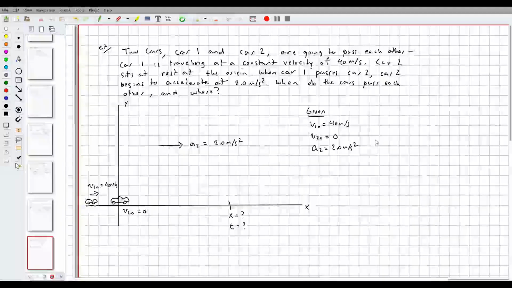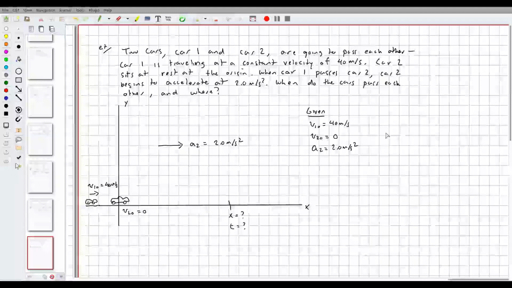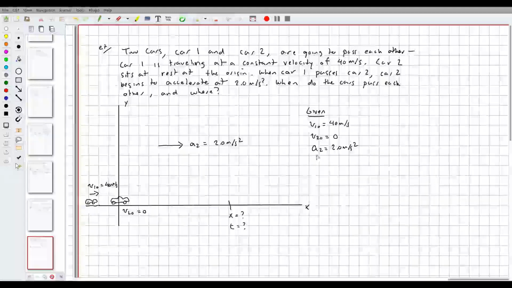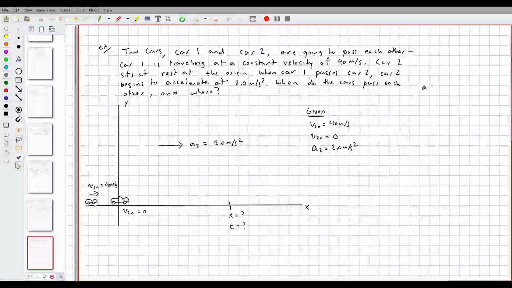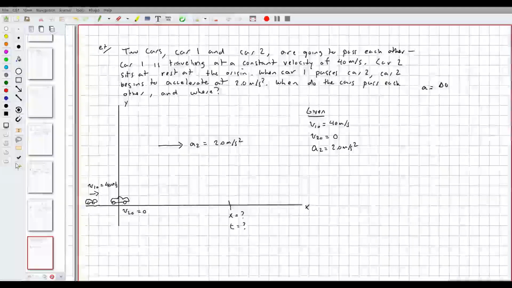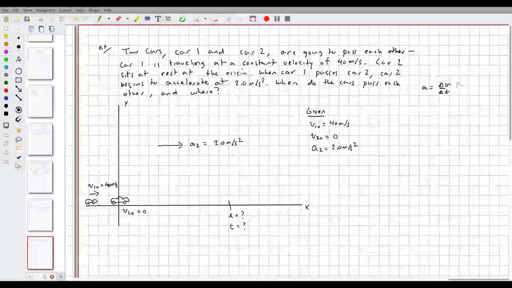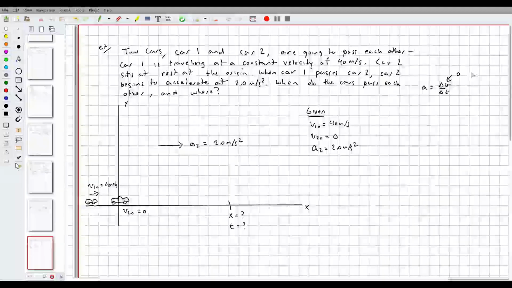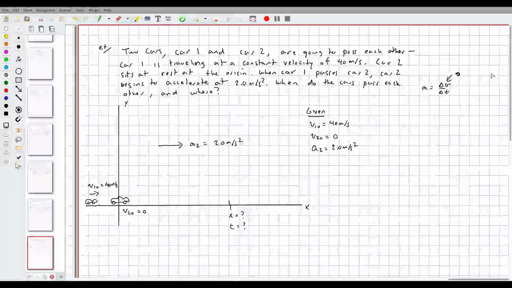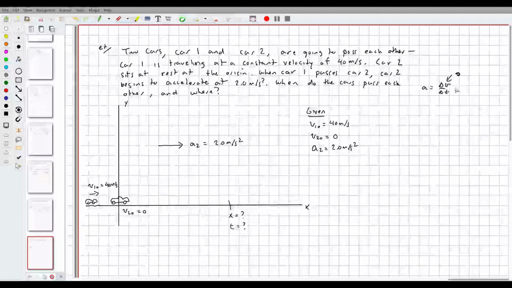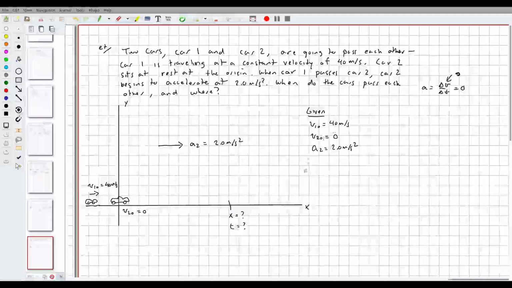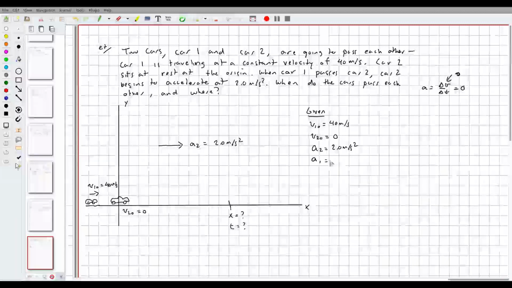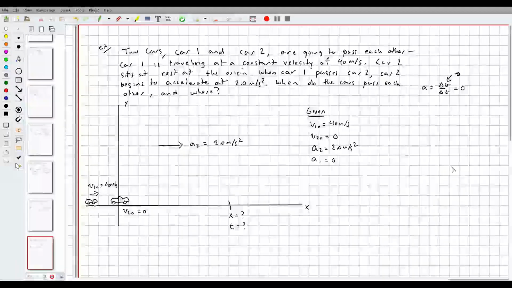Now, car 1 is coasting. It does not have an acceleration. Its velocity is constant. Remember, acceleration is how your velocity changes over time. So if there is no change in your velocity, then your acceleration, rather, is 0. So, no acceleration.